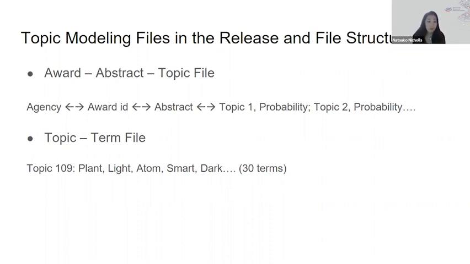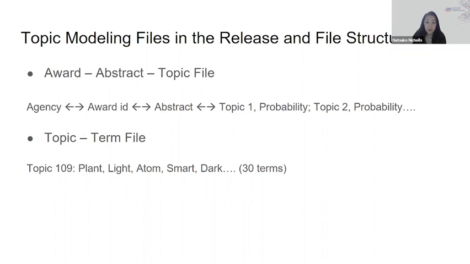So there is a link between the agency, award ID, and the abstract. And each abstract is assigned topic 1, topic 2, topic 3, and the probability is associated. Topic 1 has the highest probability, followed by a second topic, and then the probability becomes lower and lower.